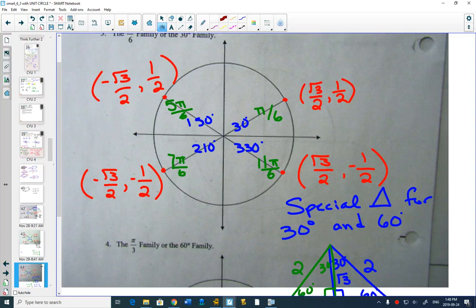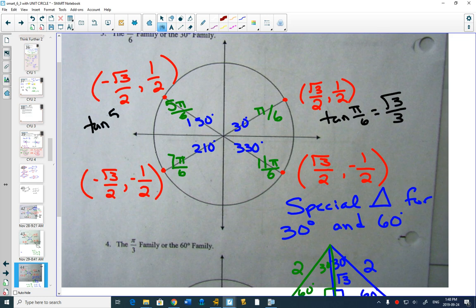The points stay the same because if we drew those triangles with the same reference angle, they'd be exactly the same. Opposite over adjacent would stay the same all the time. Opposite over hypotenuse stays the same all the time. We know that tan of 30 degrees, or tan of pi/6, is √3/3.